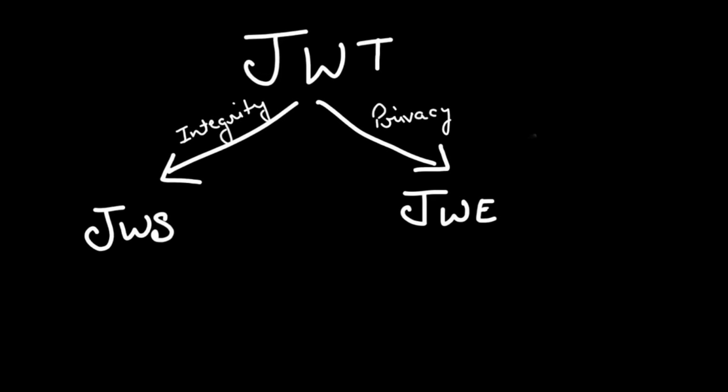So this is the main difference between JWS and JWE. Both are actually the implementation of JWT itself. That's why we commonly say that we are using JWT tokens or JWT for authorization or JWT for other things, right? But in actual terms, it is either of these implementations. You must be using either JWS or JWE.